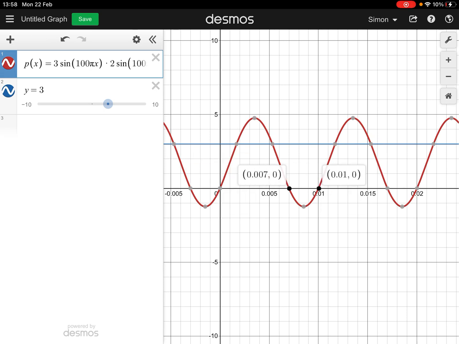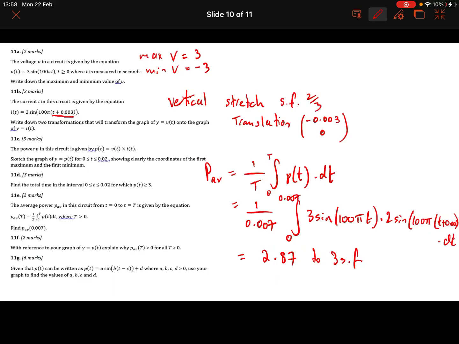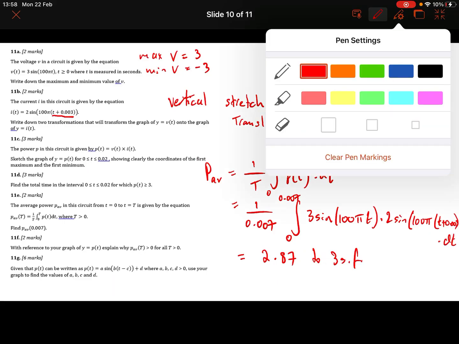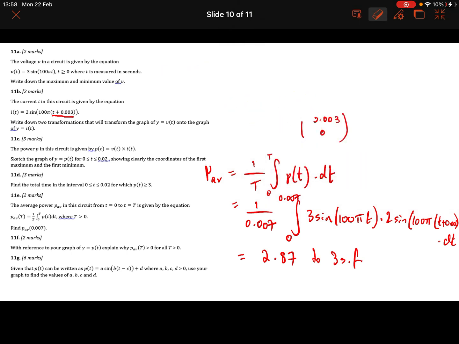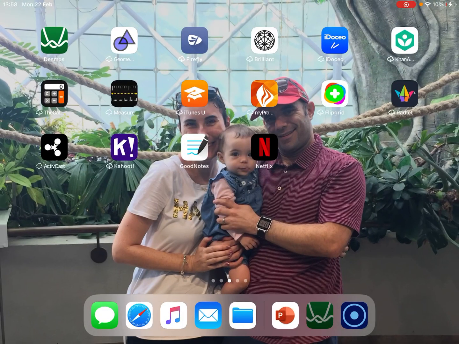Now, this next question, it's tricky enough, but I think you should be able to do this. We've basically got to change this graph that we've got, to be able to write out what the equation of that is. Okay? And we've got to write y equals a sine b of t minus c plus d. Now, a is easy to know. Okay?